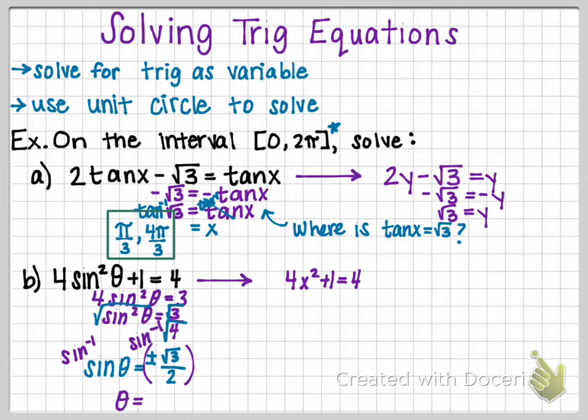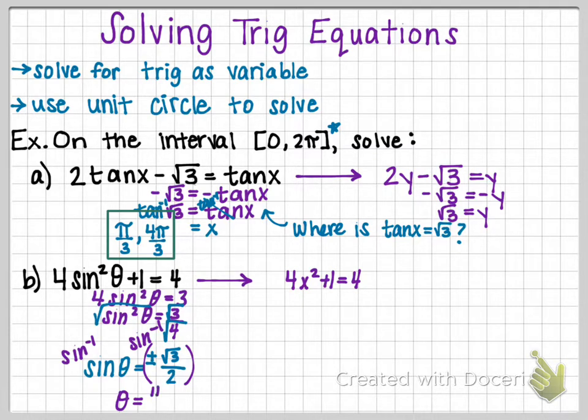So I'm actually going to have 4 different spots where this happens. If you don't do your plus or minus, you're going to miss out on half of your answers. So go ahead and look at your unit circle. Look and see where your sine, or your y value, is square root of 3 over 2, or negative square root 3 over 2.